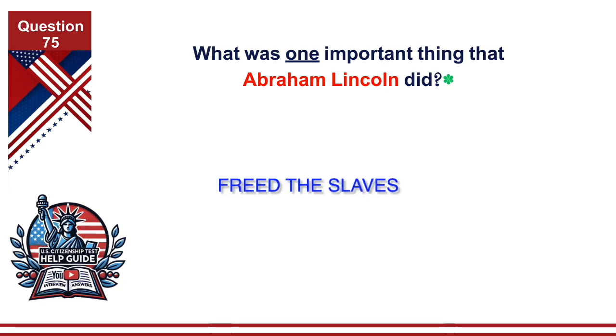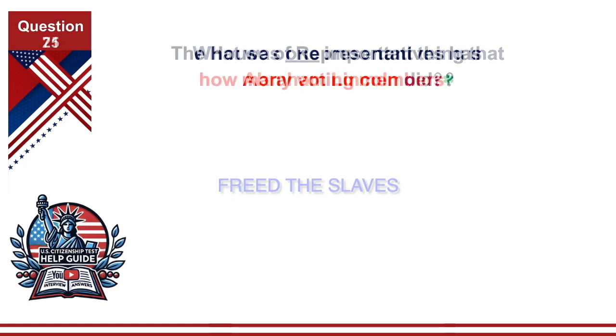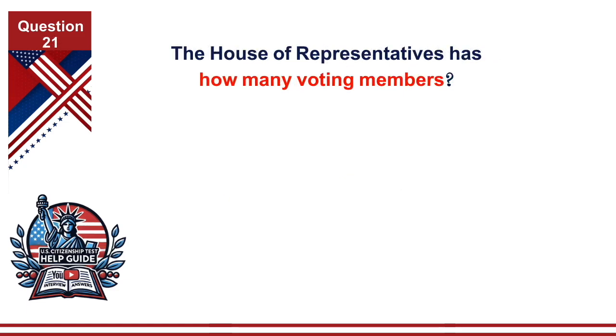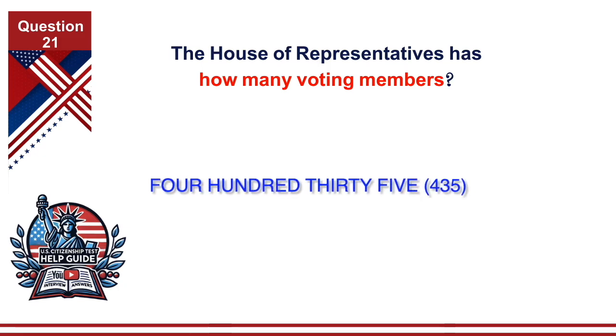Freed the slaves. The House of Representatives has how many voting members? 435.